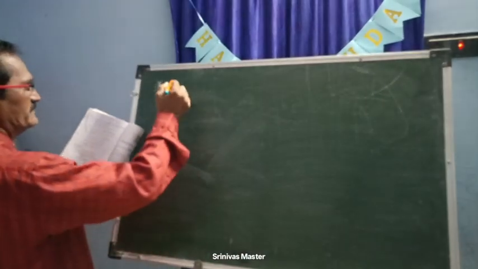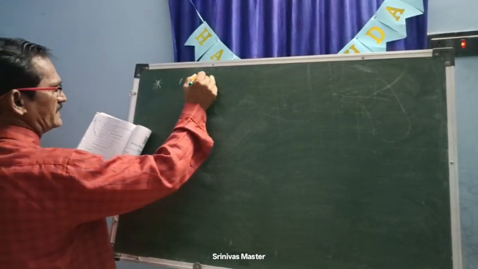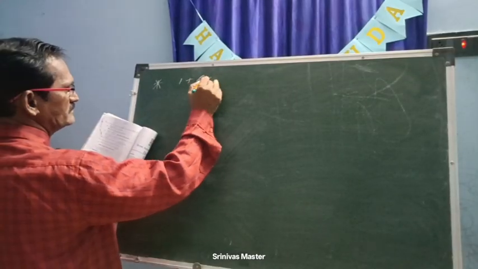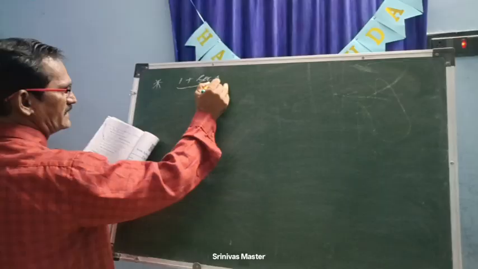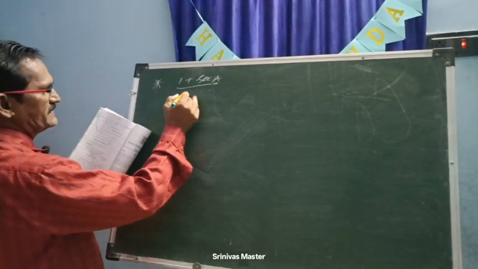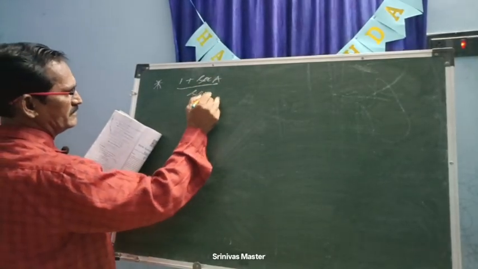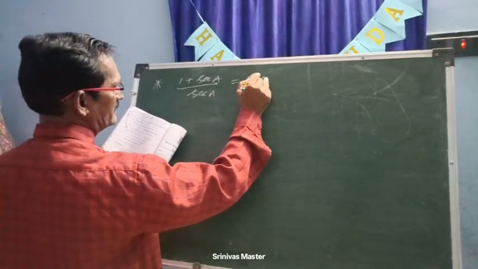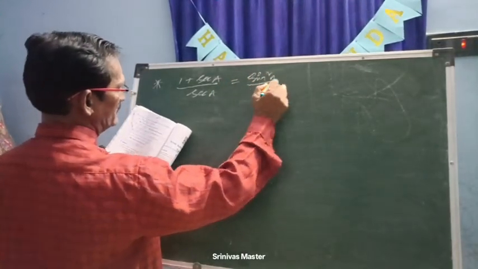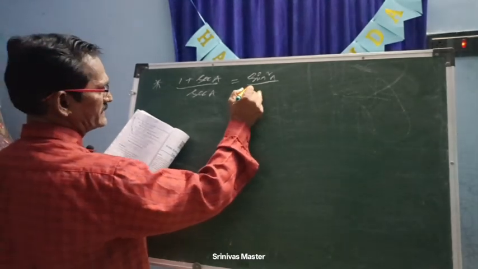Write that: 1 plus sec a by sec a equal to sin square a by 1 minus cos a.